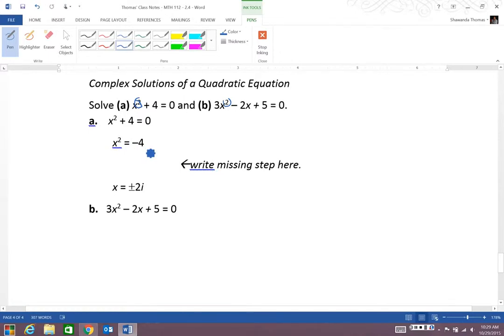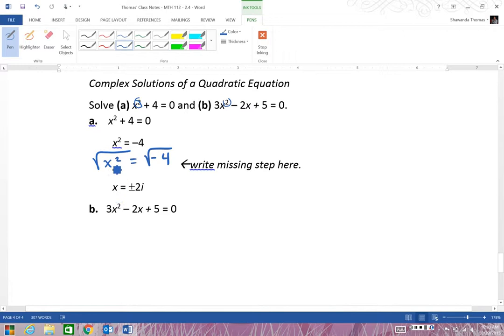Now what is the missing step here? So how do I get from this to this? How do I get rid of that squared symbol? Well, you need to find the square root of both sides. Square root of x squared will give you that x, right? But here, of course, you got to split that up as negative 1 times 4, which is i times 2.